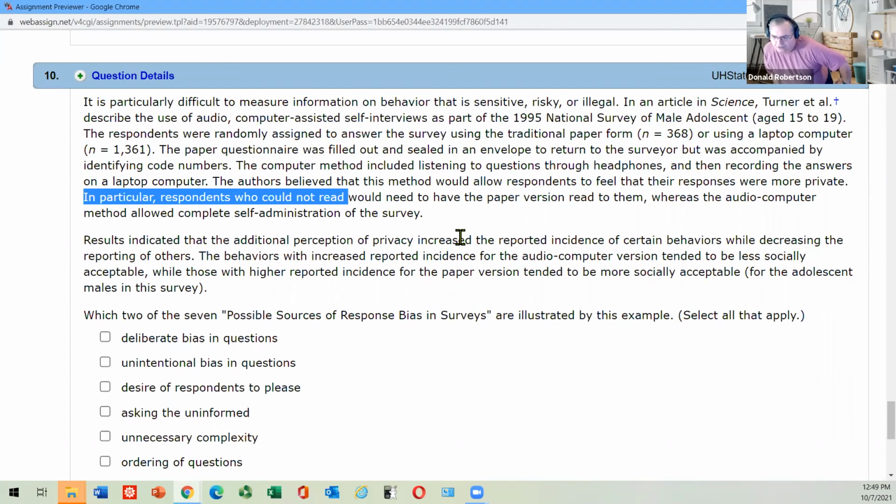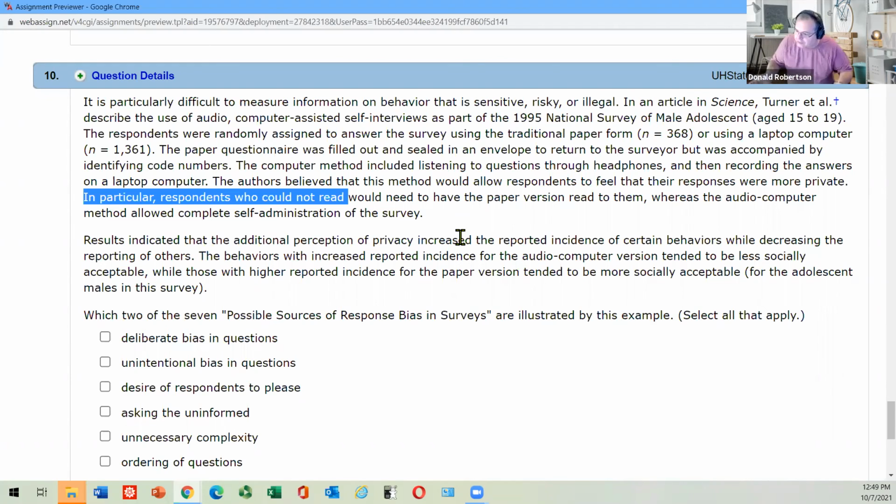If you can't read and the person reads the question out to you, do you think that person's going to be honest if it's something very sensitive? Would you agree there'd be a problem with getting good data? I think that's where the main problem is, now I've read that story. Now, on a computer, you put headphones on, the voice speaks the question, you know, it's a robot, right?